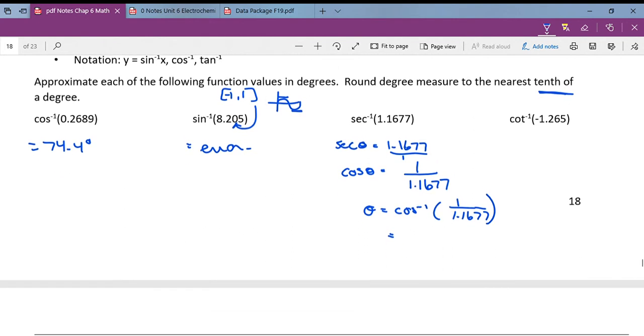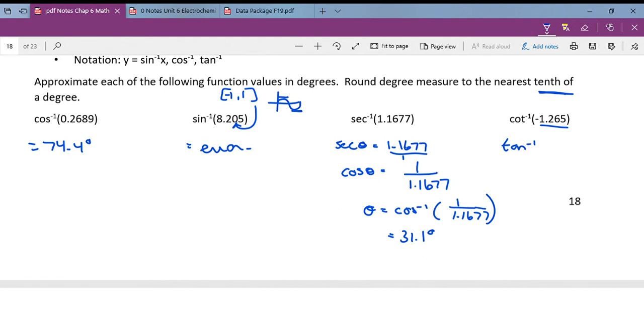I expect my answer to come out in the first quadrant. And if I hit inverse cos of bracket 1 divided by 1.1677, I get 31.1 degrees to the nearest tenth of a degree. And then cotan, because this is negative, I'm expecting my answer to come out in the fourth quadrant.